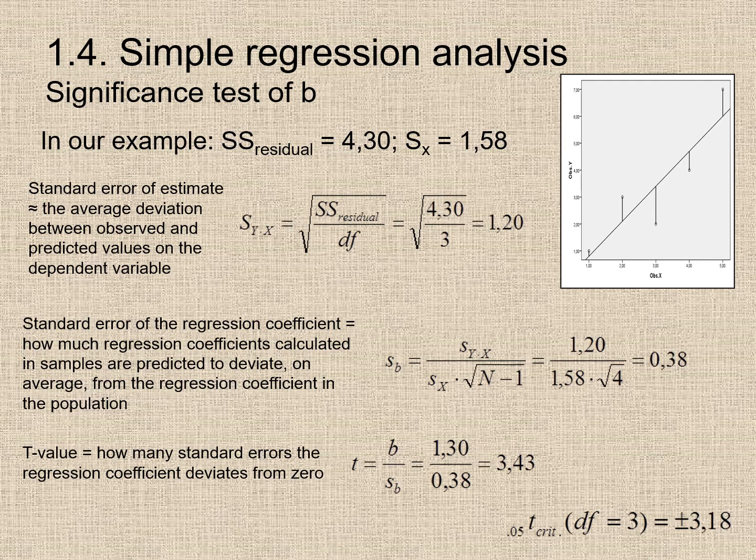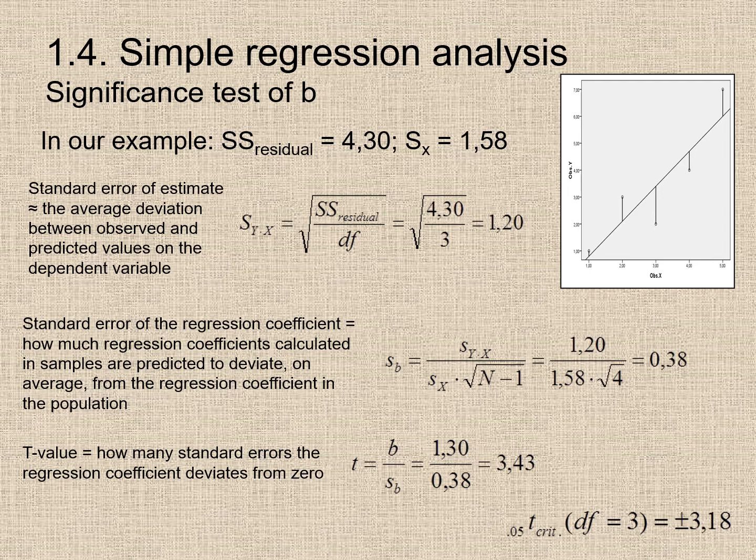This value here gives us the information that a regression coefficient calculated in a sample of that size will, with 95% probability, deviate less than 3.2 standard errors from the population regression coefficient.